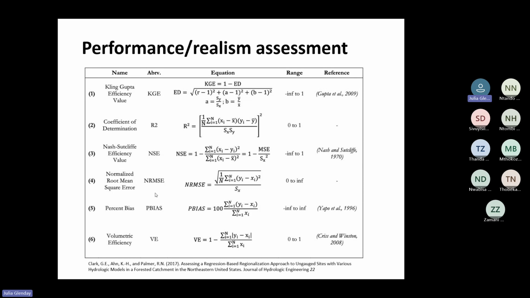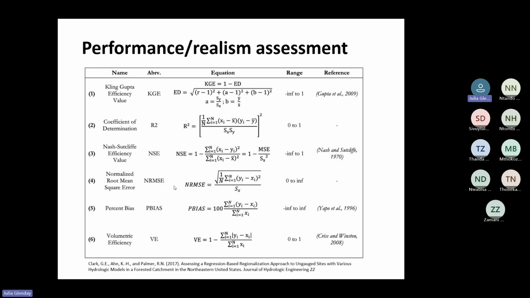So it's looking at error in the magnitudes of the values, and it's averaging it. So if you have some values that are too high and some values that are too low, with p-bias, those can kind of cancel each other out, and the overall percent bias for the whole time series will be lower.